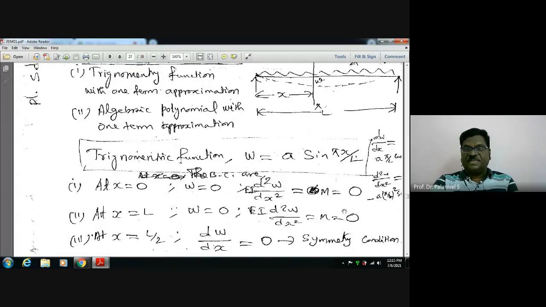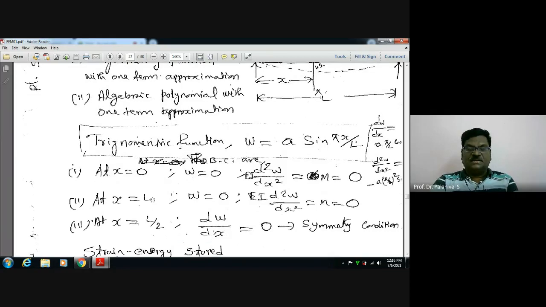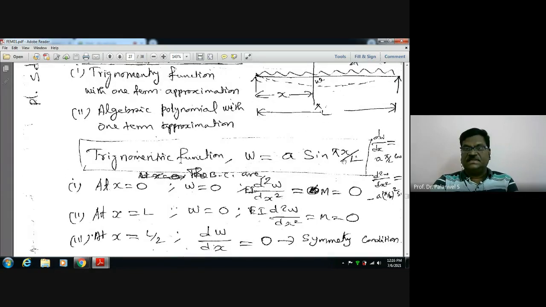Where is that? What is d square W by dx square here? If you substitute x is equal to 0, your sin pi x by L becomes 0, so everything becomes 0. So it's satisfied. At x is equal to L, substitute x is equal to L in it. So sin pi is 0. Sin n pi is always 0. At x is equal to L, W equal to 0, the kinematic boundary condition.